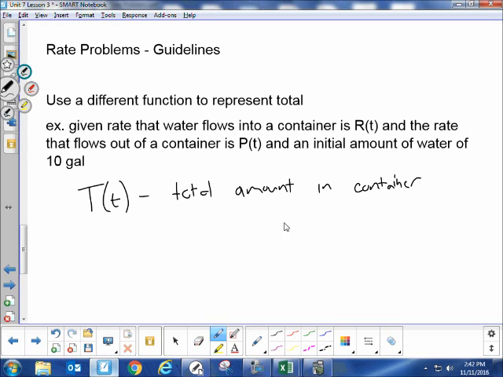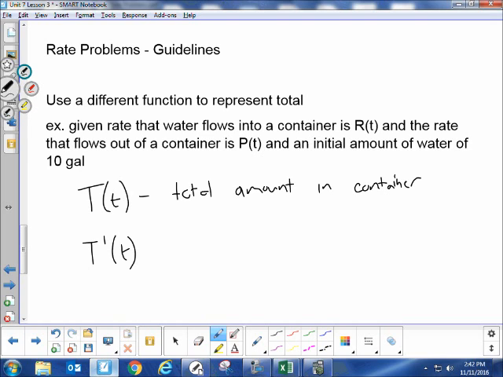Now, if you think about it, T prime would be the change in the rate at which water is coming in, or the change in my total amount, not necessarily just coming in. In this situation, we have a rate at which water is coming in and a rate at which water is going out.